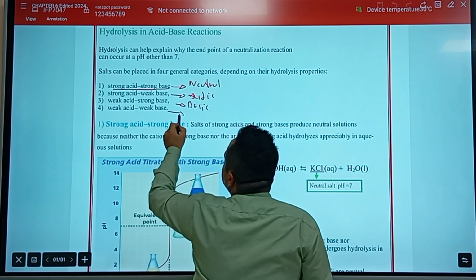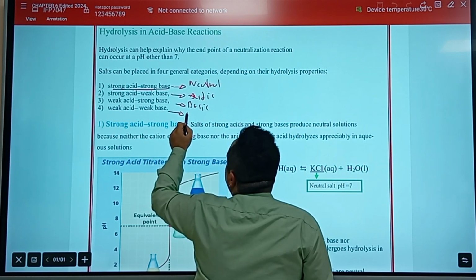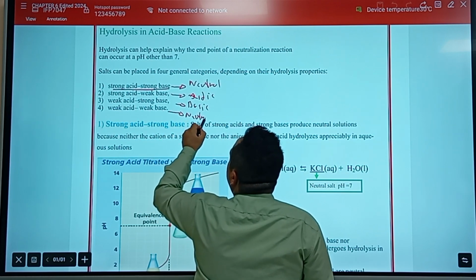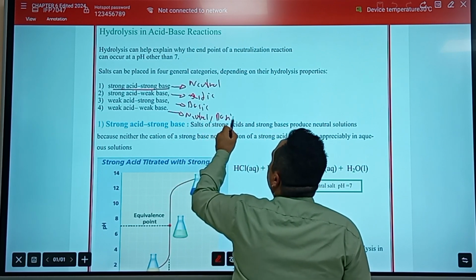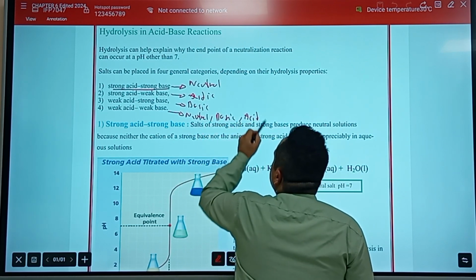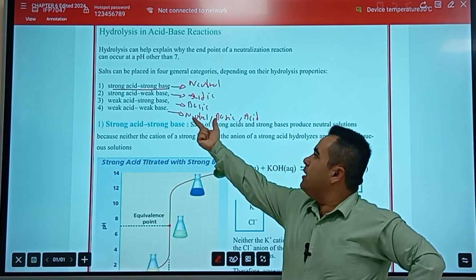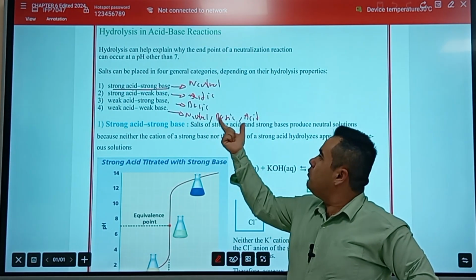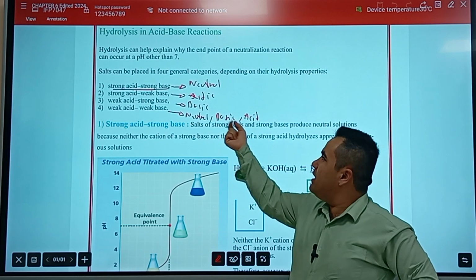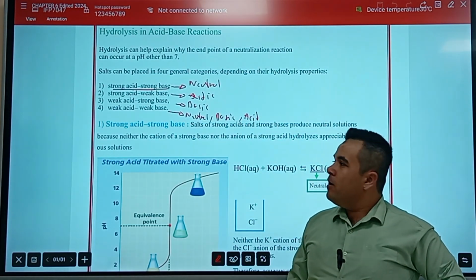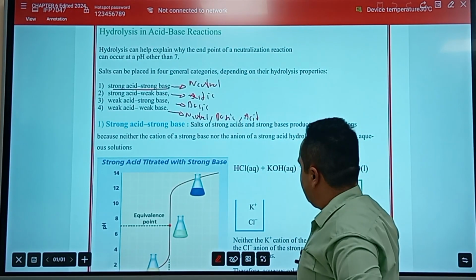Weak acid and weak base can be neutral, basic, or acidic. It depends on the Ka and Kb values. If Ka and Kb values are equal, it becomes neutral. If Kb is higher than Ka, basic. If Ka is higher than Kb, it becomes acidic, guys.